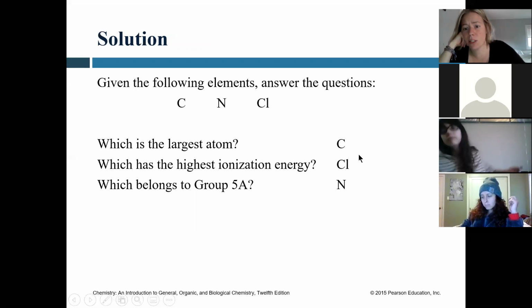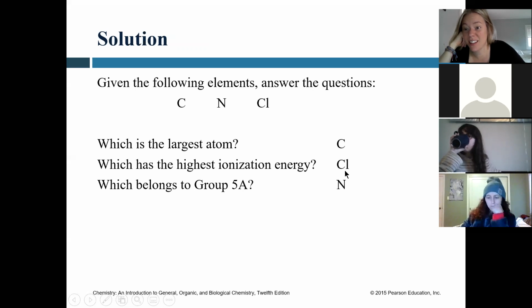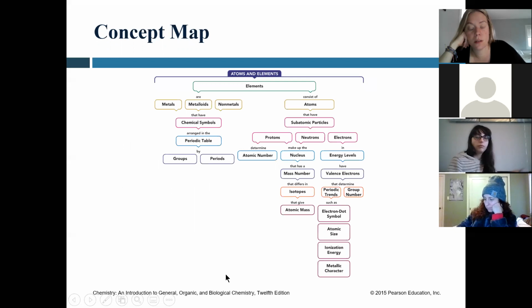It's going to be really hard to pry an electron away from chlorine. It's got 7 valence electrons. And which belongs to 5A? We know that the 5 can be directly related to how many valence electrons it has. So which of these has 5 valence electrons? That would be nitrogen. So that could be an example of how you're using these properties.